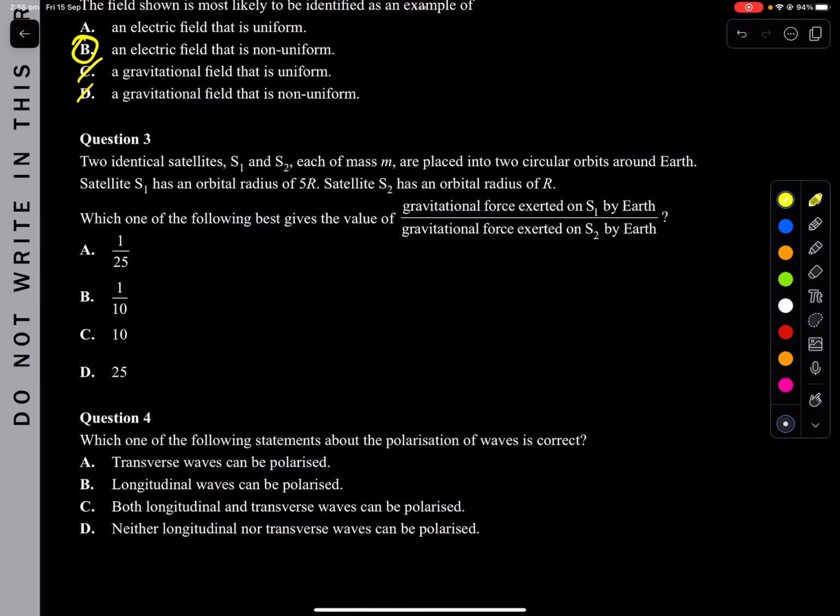Okay, so I'm just going to put a division here. Now we know that the force of gravity is equal to G, M is the mass of the Earth, and m is the mass of the satellite. Because they have the same mass, I'm just going to put m. So this one's S1, which is placed at 5r, squared, so that'll be 25r squared.